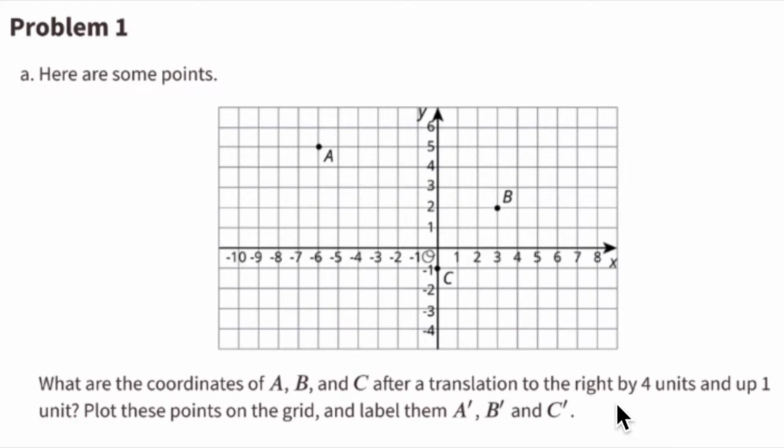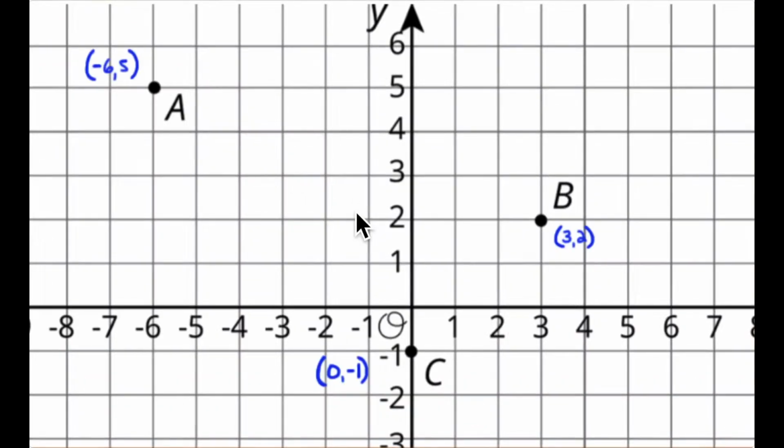You're going to move them right by 4 units and up by 1 unit. That is a translation. You're going to label the new points A prime, B prime, and C prime. Here are those 3 points with their labeled coordinates, and the directions say to move each of these points to the right 4 units and up 1 unit.